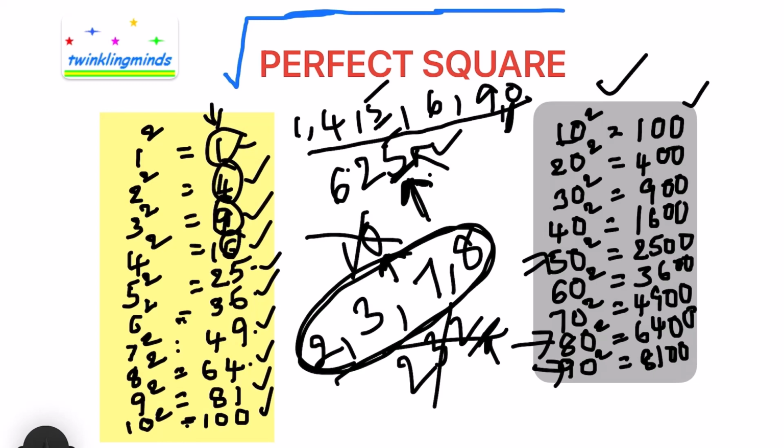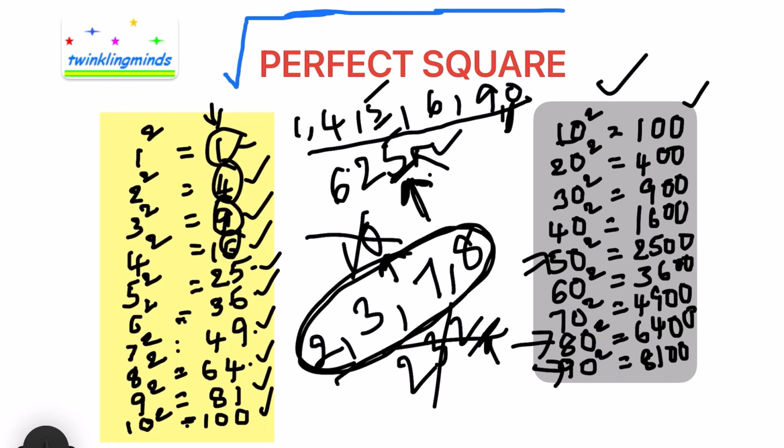Okay. So that way, if we remember these, we can easily solve perfect squares by looking at them.